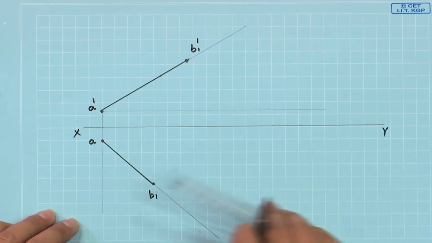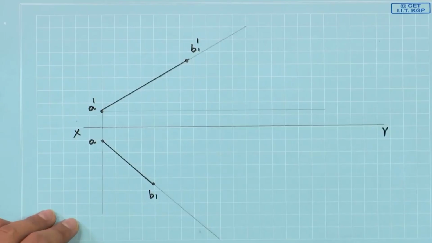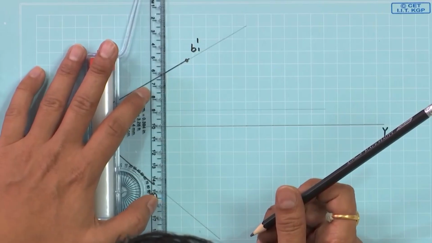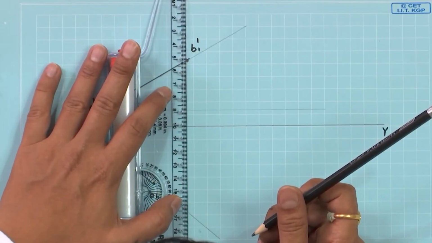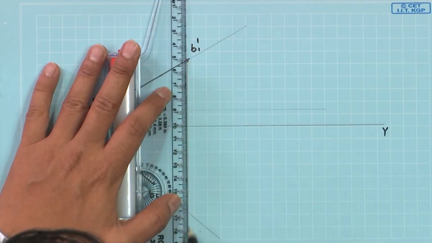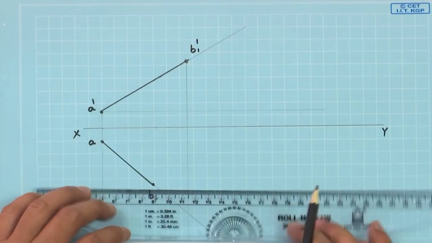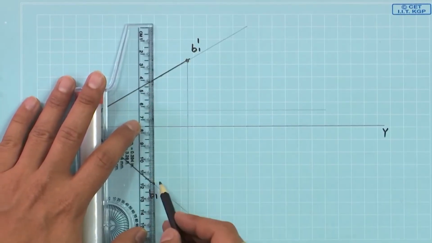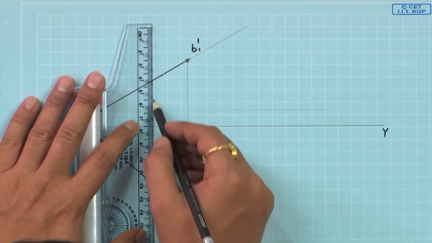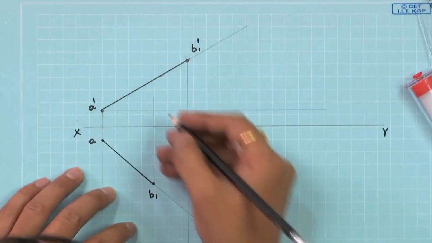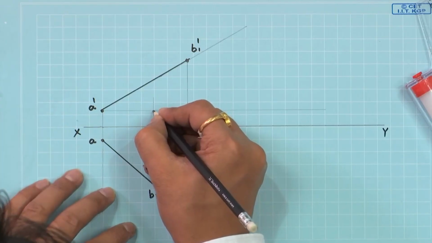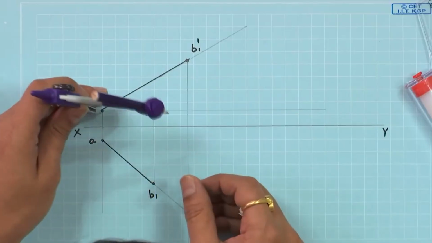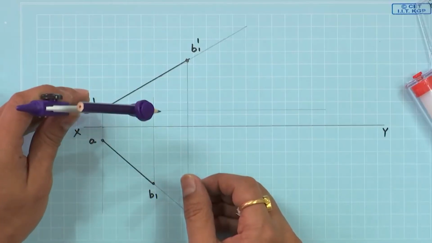True lengths are done. Now, what we have to do is project these true lines all the way down, moving parallel. Similarly, project these lines all the way parallel. On this projection, mark the point which we have to transfer. Let us mark that one as 1 and 1 prime.